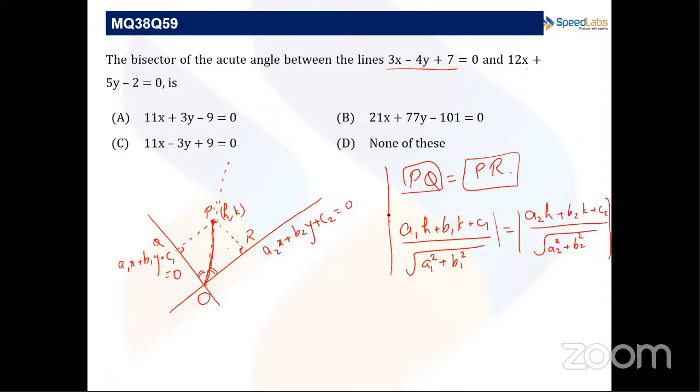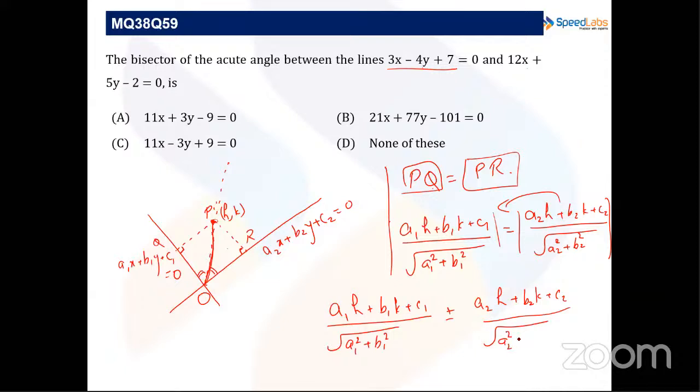So if we will take out the mod, then the value will be either plus 1 or minus 1. So the equation will be a1h plus b1k plus c1 upon under the root a1 square plus b1 square, we'll take this term on this side, plus minus a2h plus b2k plus c2 upon under the root a2 square plus b2 square equals to 0.